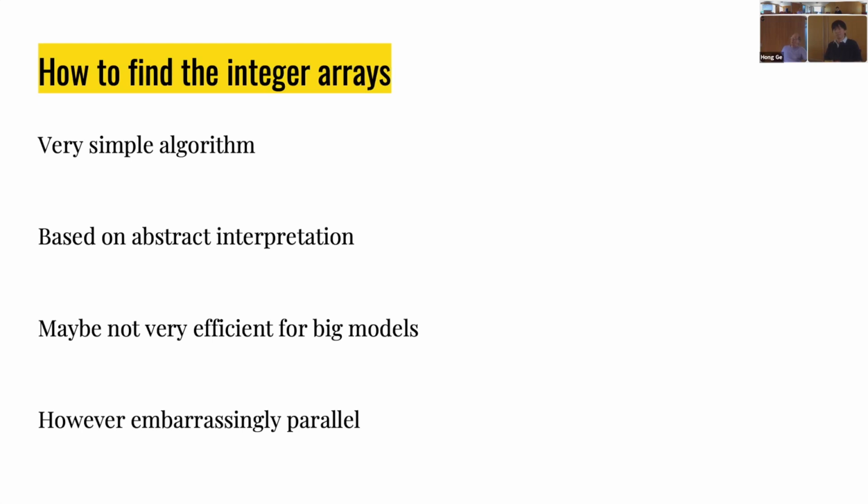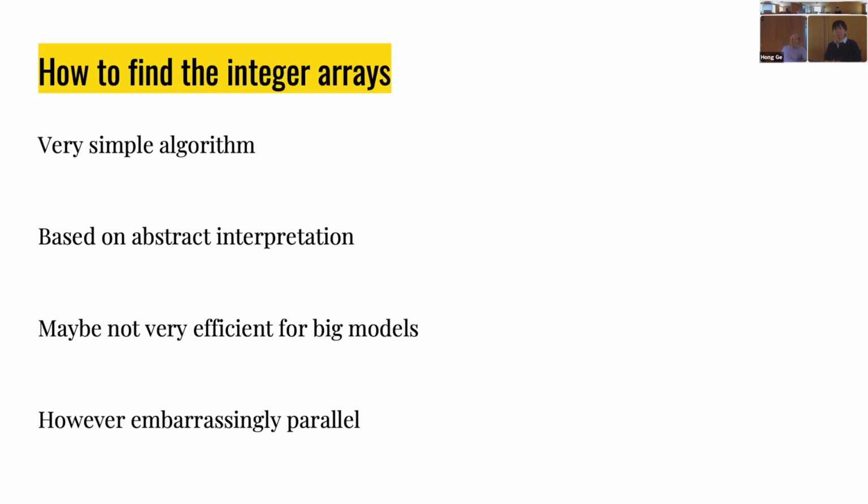When I talk about big models, I'm talking about a few 100,000 observations, a few tens of thousands of parameters, not huge in machine learning terms, but for statistical models quite big.